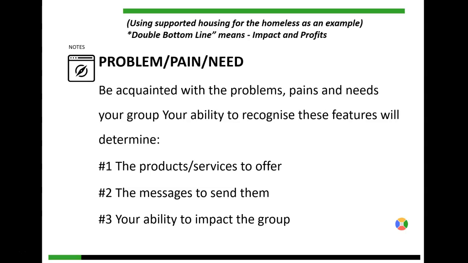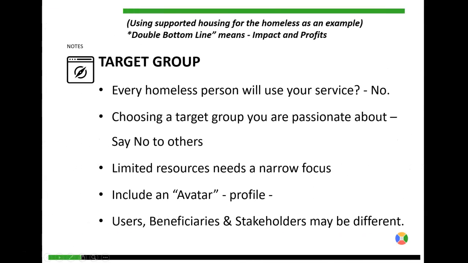Like I said, when you get acquainted with them, when you spend time with these people, you would know what problems they have. If you look at the target group like we were doing earlier on, remember we used some examples. We used the domestic violence example. Here we're using the housing model, supported housing example. We're saying, okay, am I going to be offering supported housing to the 17 to 25-year-olds, or am I offering domestic abuse workshops to the over 50s?